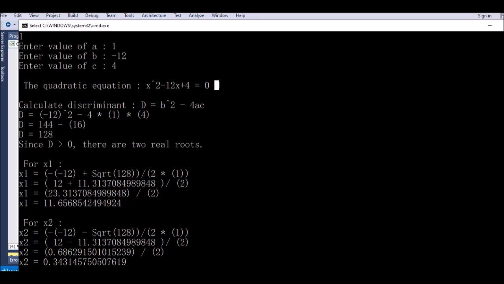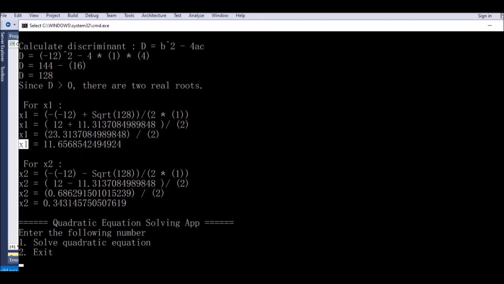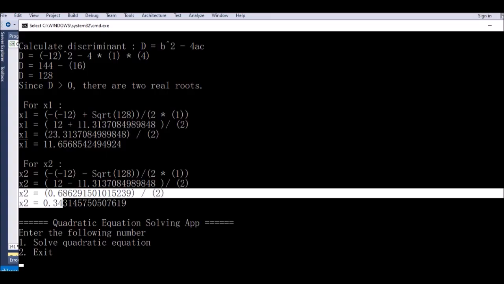So then we calculate the discriminant, and you see that the discriminant is 128, which is greater than 0. So we say, since d is greater than 0, there are two real roots. So for the x1, we have to be like this, and for the x2, to be this one, the calculation.